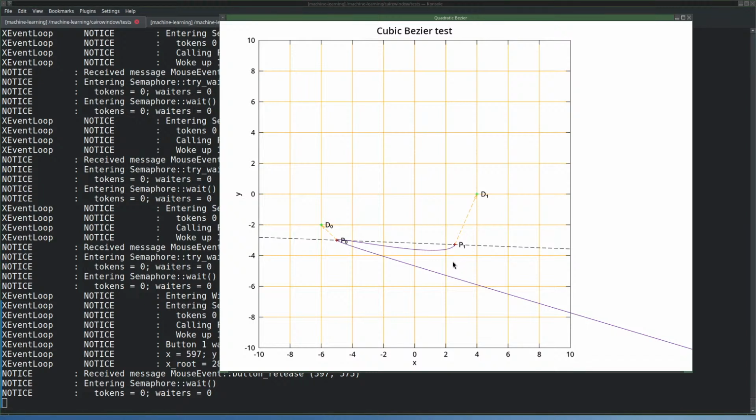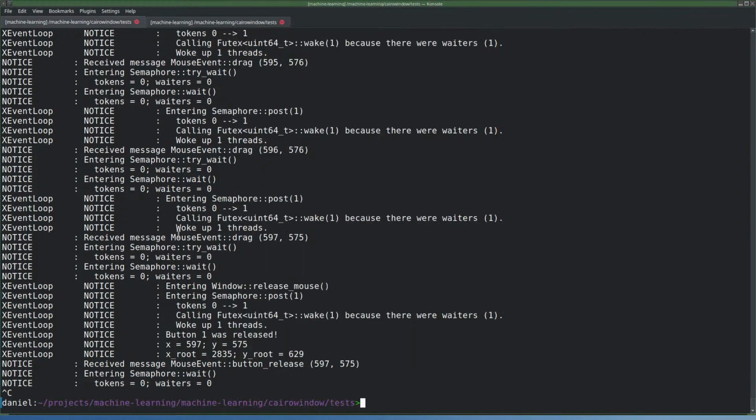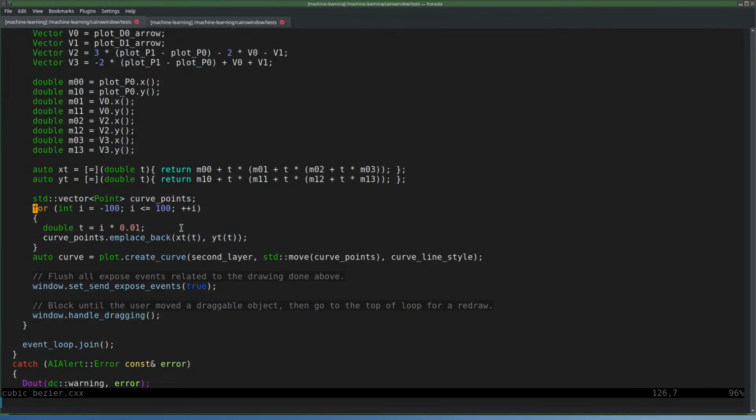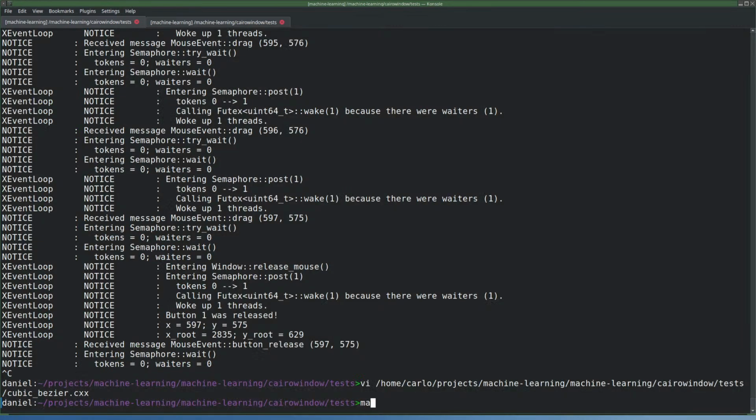It stops at P1, interesting. Oh yeah, interesting. I'm an idiot. It's not interesting at all. So now we go from -1 to 1. Let's go to 2, because 1 is P1.